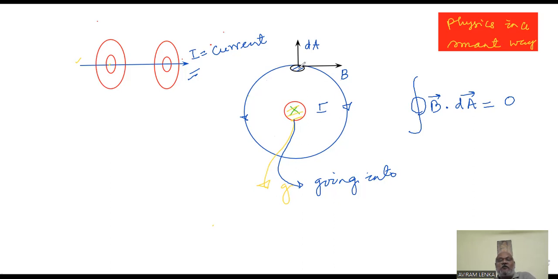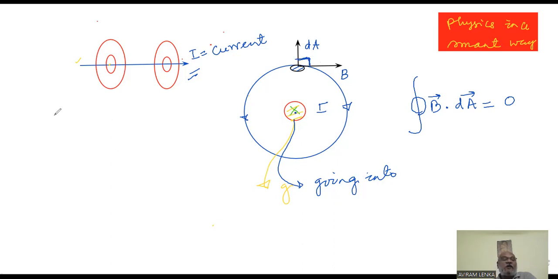If you consider a particular elemental area dA of the Gaussian surface, dA will be normal to the surface. Because this is circular and the center of the Gaussian surface coincides with the conductor axis, magnetic induction will be tangential. The angle between B and dA will be 90 degrees.